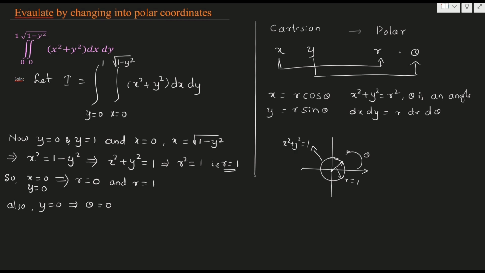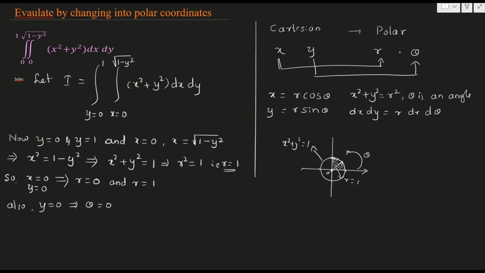Now r starts from 0 and ends at 1. So this is 1, this is 1, this is 1, this is 1, a unit circle. Our region of integration is this portion, in the first quadrant. So r varies from 0 to 1.